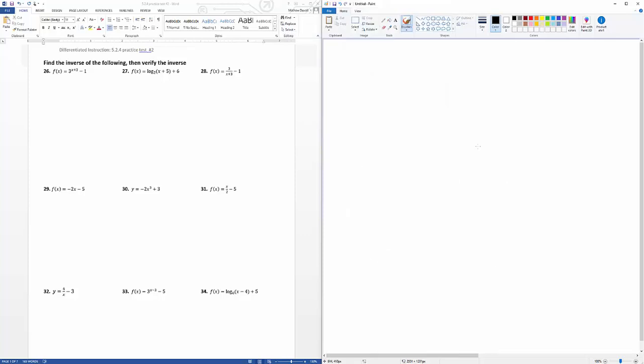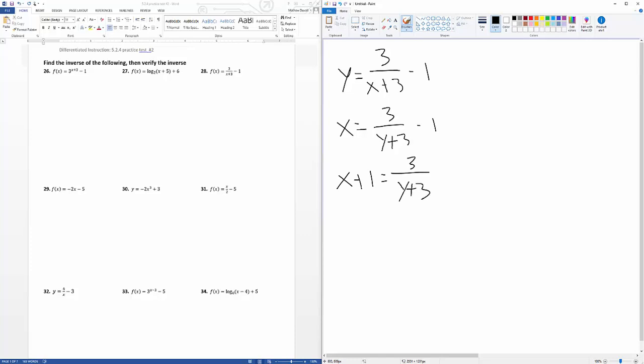Number 28, switch the x and y, add 1. Now, y is in the denominator. To get it out of the denominator, you multiply. I didn't have room, so I wrote it up there.